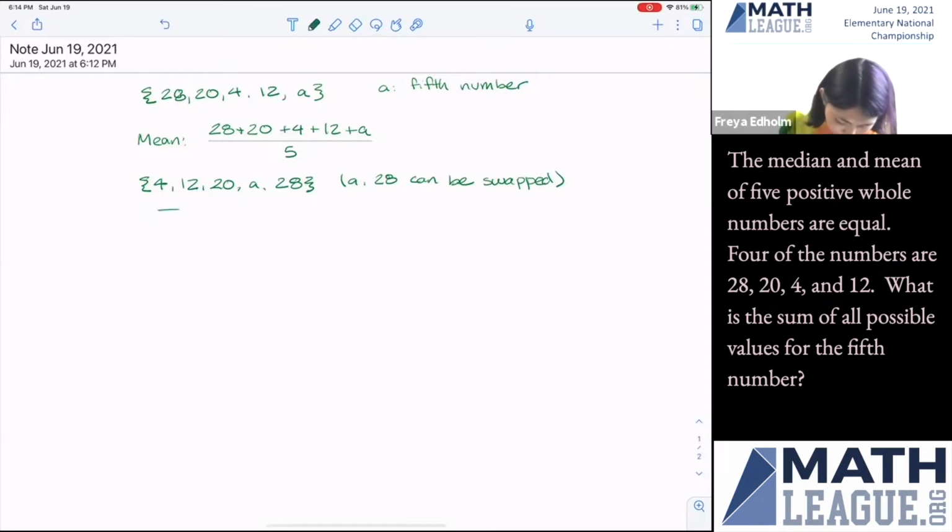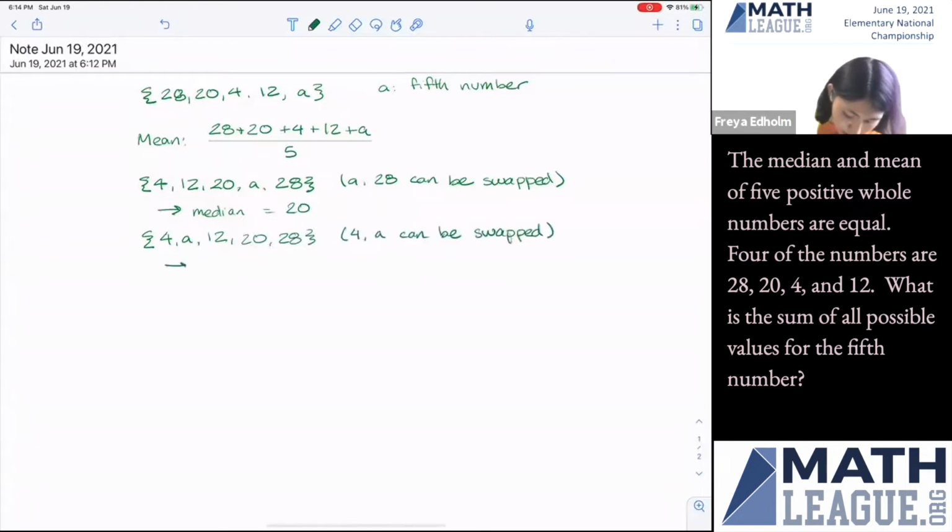In this case, our median is equal to 20. Alternatively, we can have for A 12, 20, 28, and 4 and A can be swapped. And in this case, our median is then 12. Finally, we have one last option, which is 4, 12, A, 20, and 28.